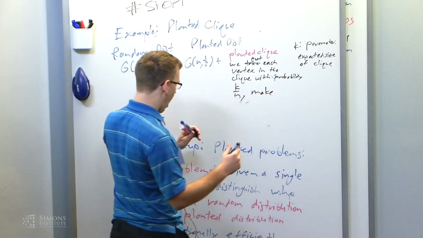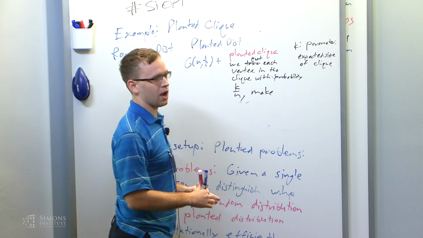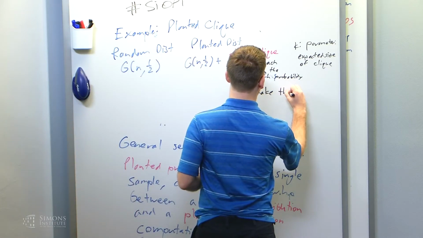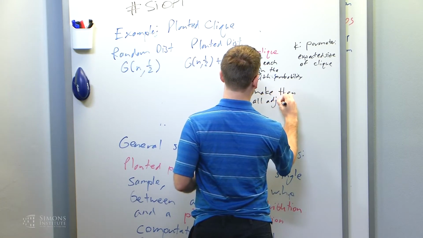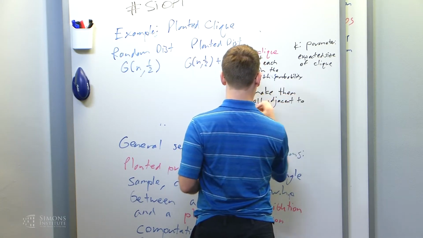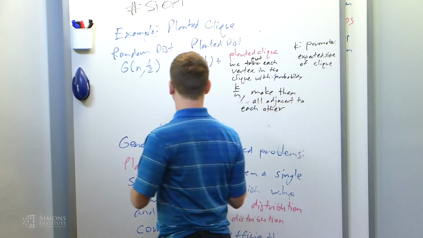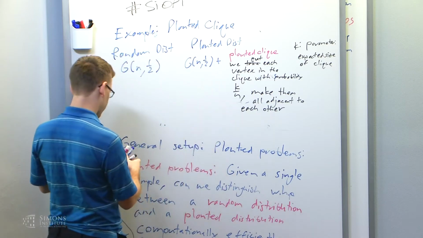And then all the vertices which you've chosen to put in the planted clique, we'll make them all adjacent to each other, so to plant a clique there. So it's mostly random, but there's a planted clique.